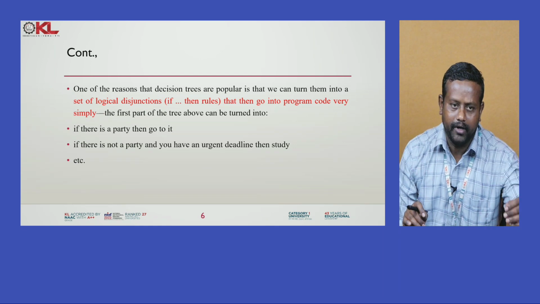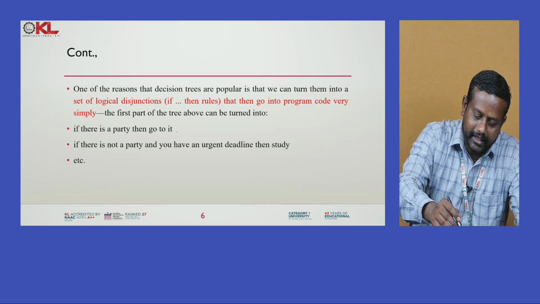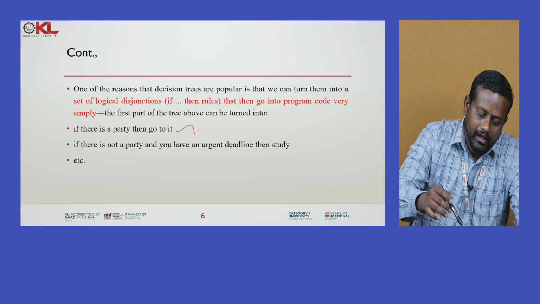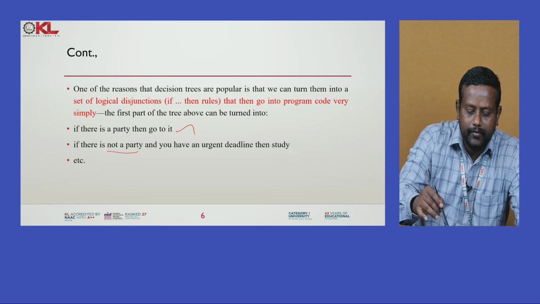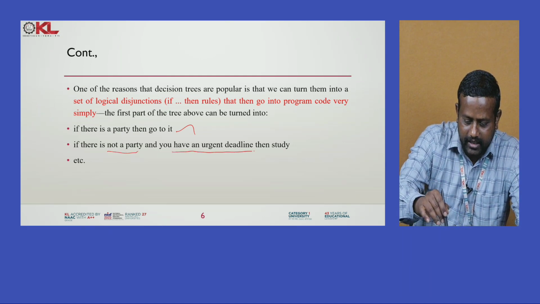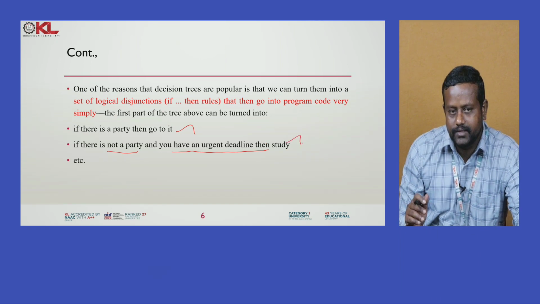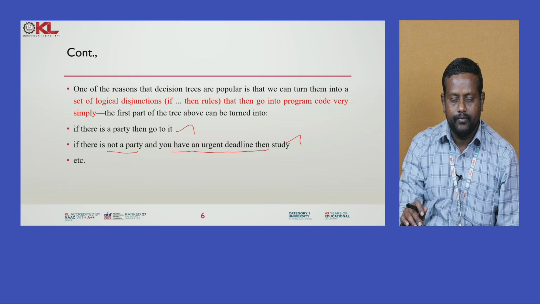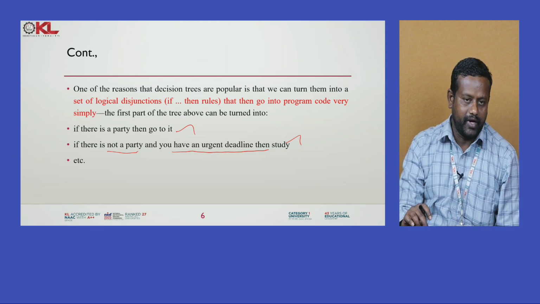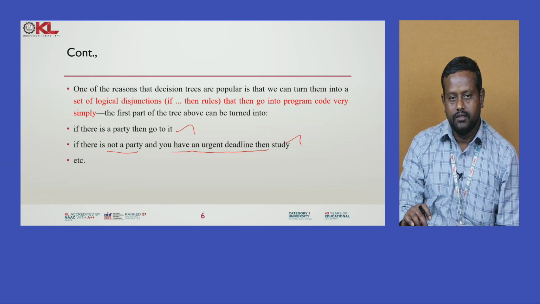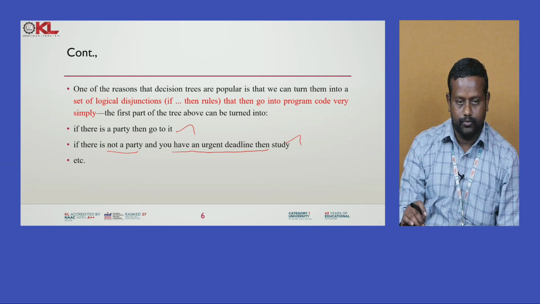If there is a party, then go to it. If there is no party and you have an urgent deadline, then you study. So likewise, we frame the if-then rules, and we can find the solutions in a programmatic way also.